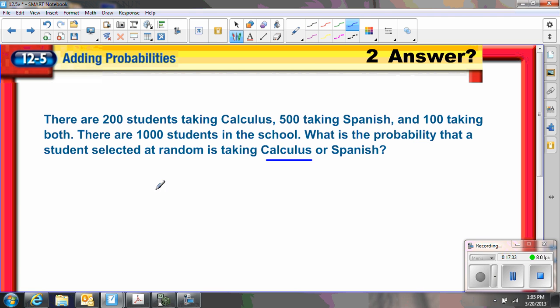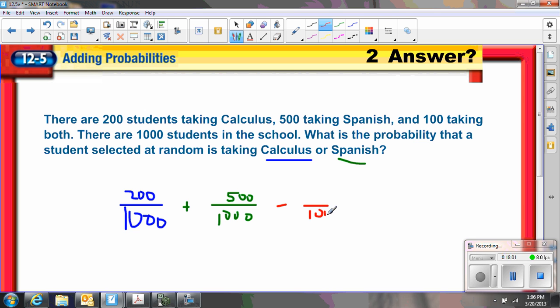So we'll start off with the calculus. We'll say 1,000 students, and of those 1,200 are taking calculus. Probability of Spanish, we would say 1,000 students, and of those 1,000, 500 are taking Spanish. So the probability of calculus plus the probability of Spanish minus their overlap.